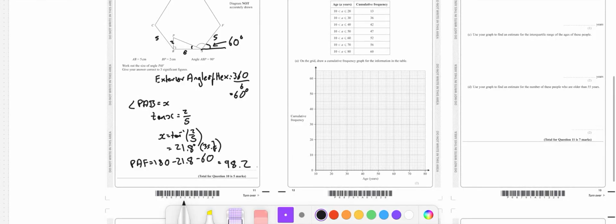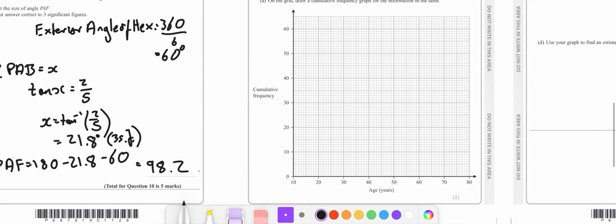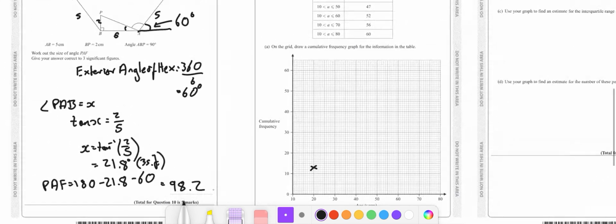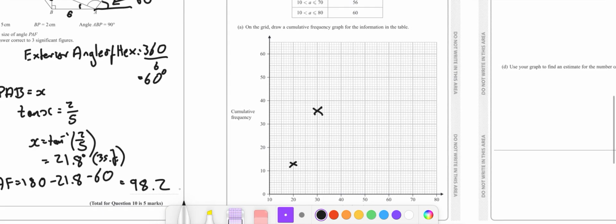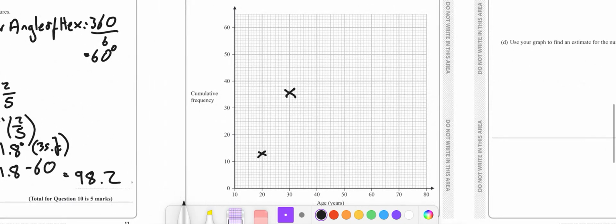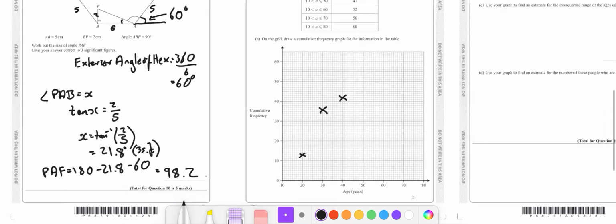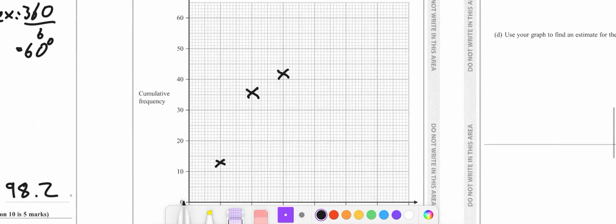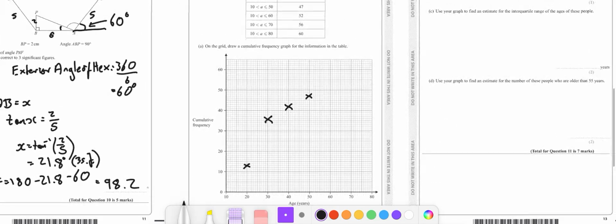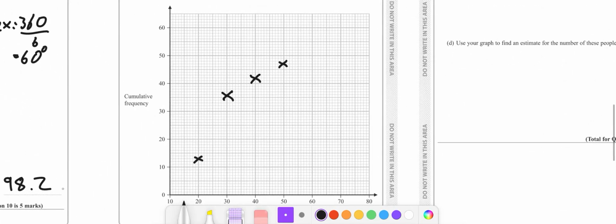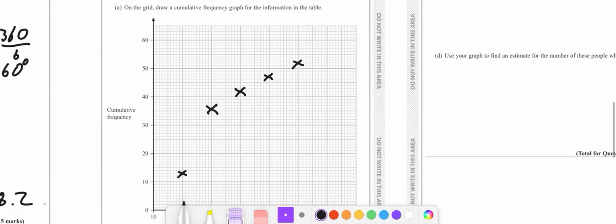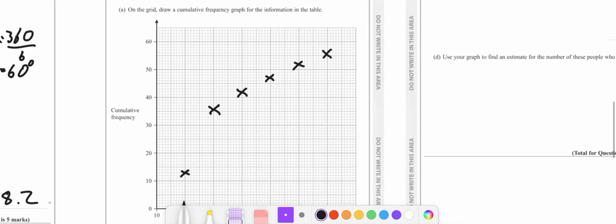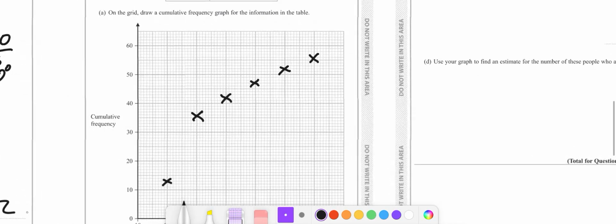So 20 we plot 13, 30 we plot 36, 40 we plot 42, 50 we plot 47, 60 we plot 52, 70 we plot 56, 80 we want 60.